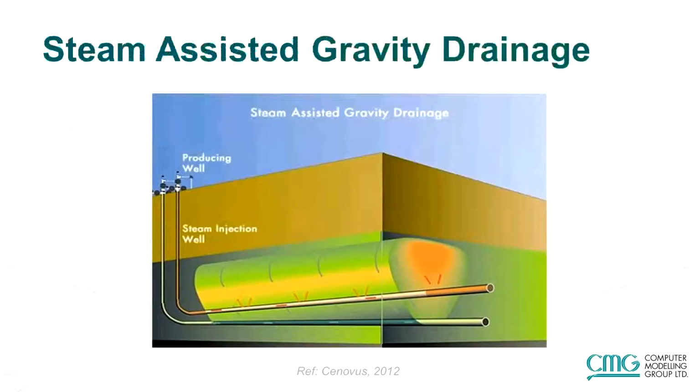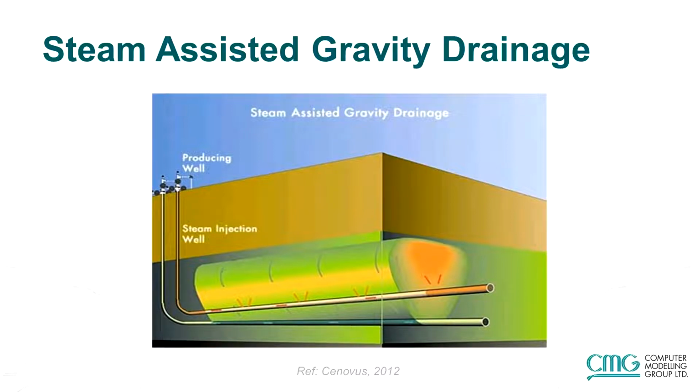So with that, I'll go to the demo, but before I do my demo, I want to introduce you to the concept of steam-assisted gravity drainage, because the demo example talks about this process. So SAGD is a process which we use very commonly in Canada to extract very heavy oil and bitumen from the reservoirs.